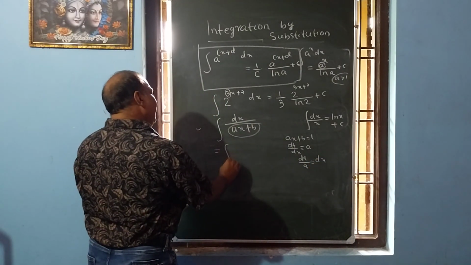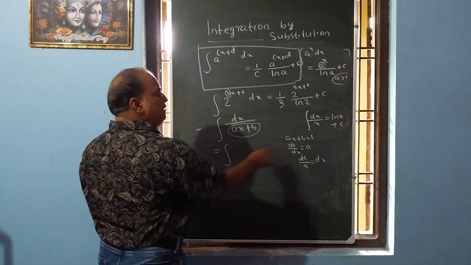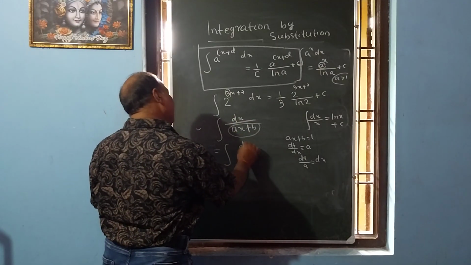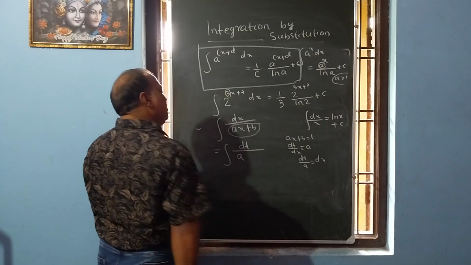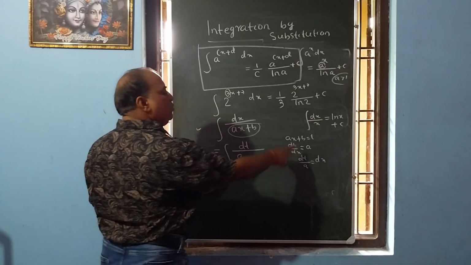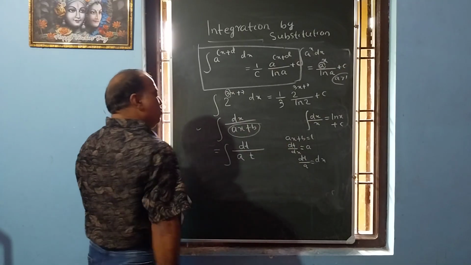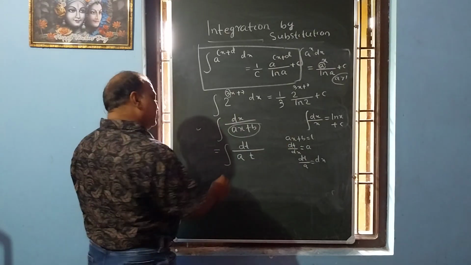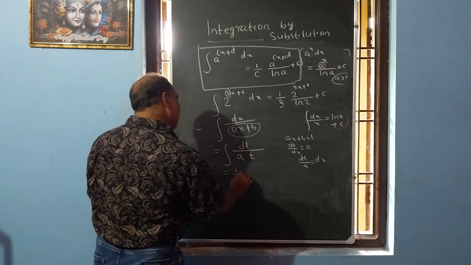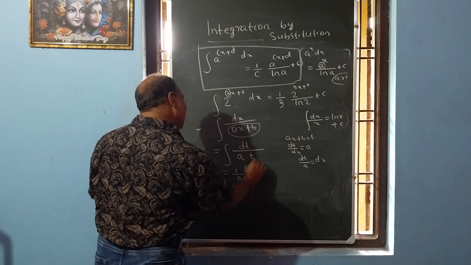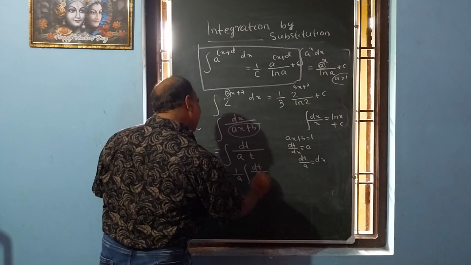Now in the integral, in place of dx we have to put dt by a, and in place of ax plus b we have to put t. 1 by a is the constant that will come outside of the integration. So we get 1 by a integration of dt by t.